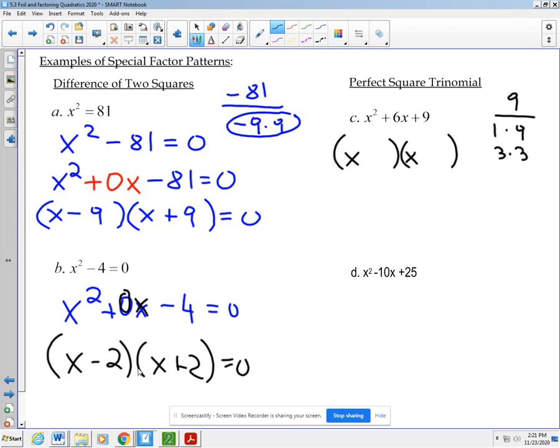So there has to be x plus 3 and x plus 3. Sometimes you will see the solution written this way: x plus 3 to the second power. X plus 3 times x plus 3 is the same thing as x plus 3 in parentheses to the second power. Please take a minute, try example D.